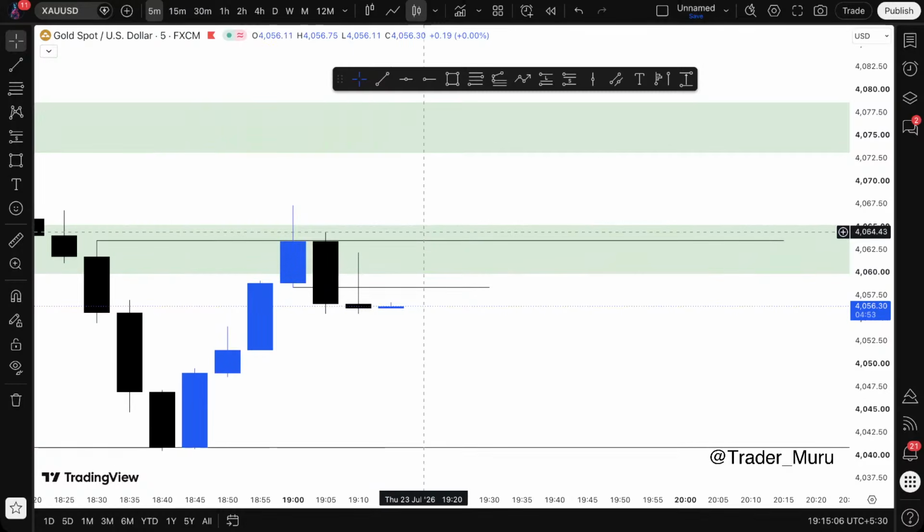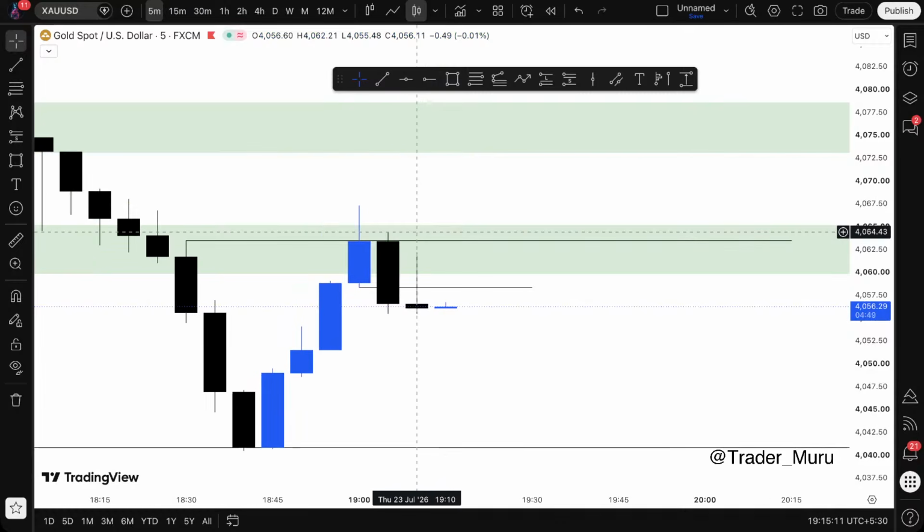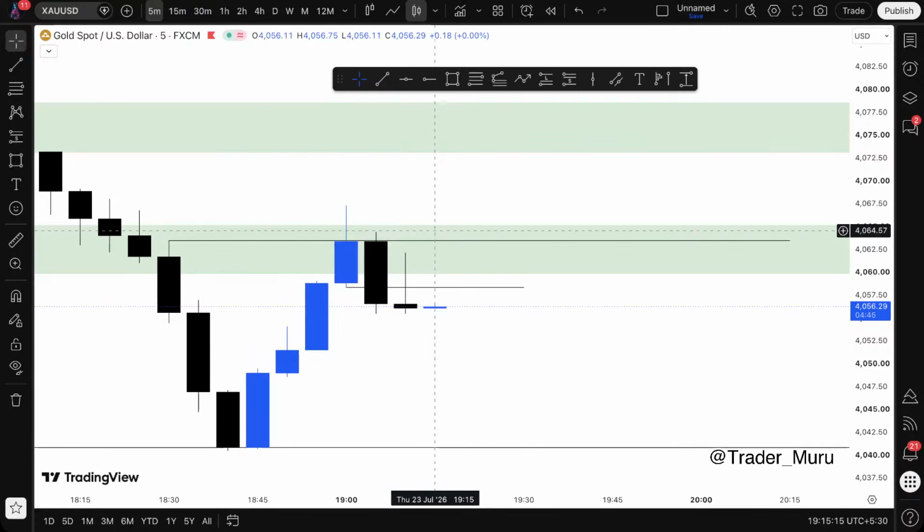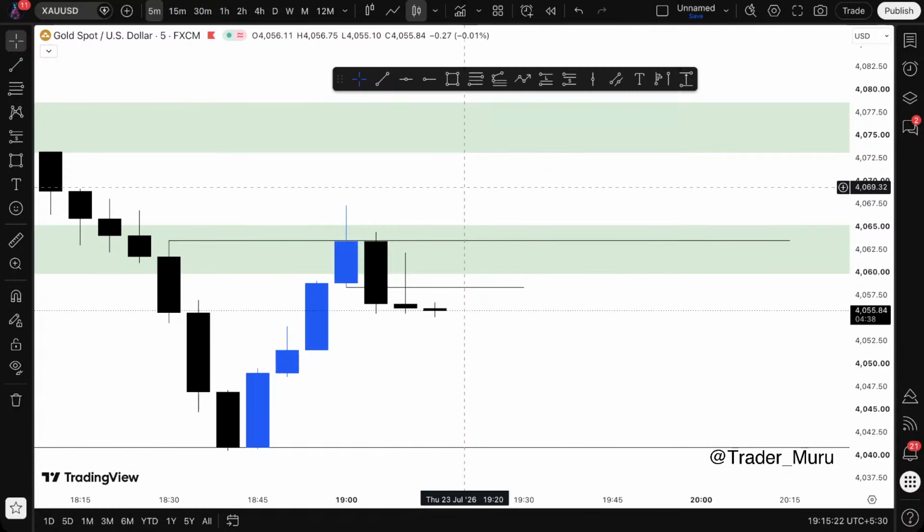The stop loss can be above 65, just above this high. This price needs to break and continue. I will use a very small lot because we still have 15 minutes to close this candle.